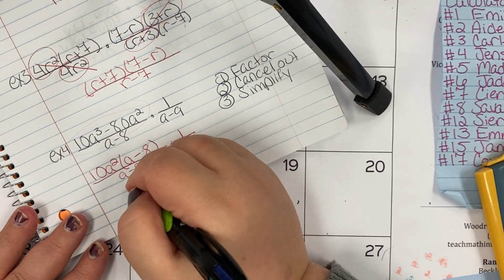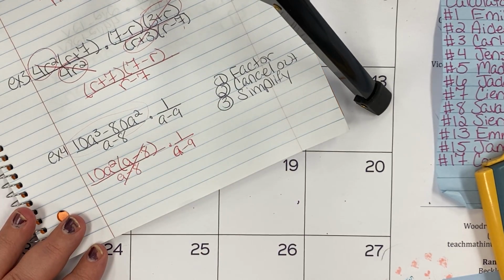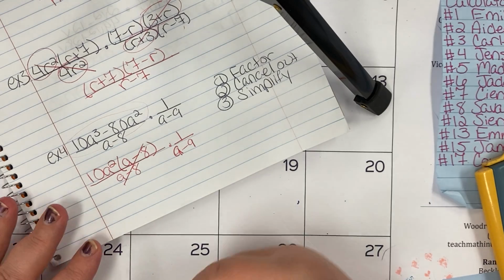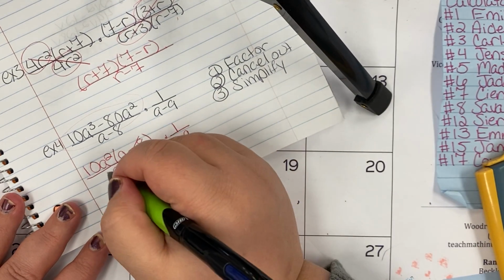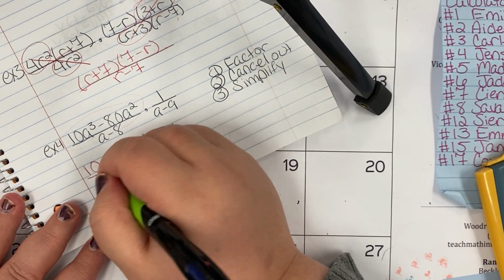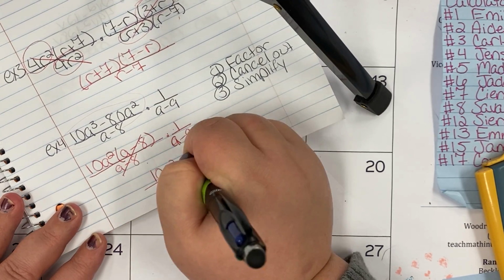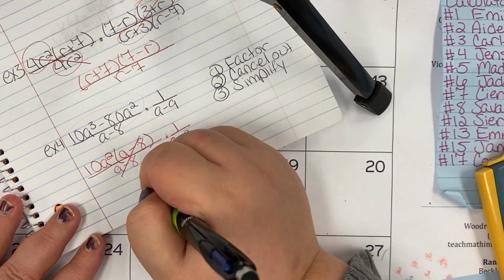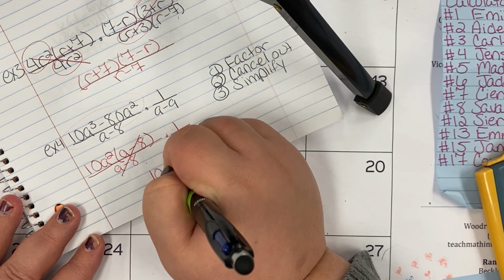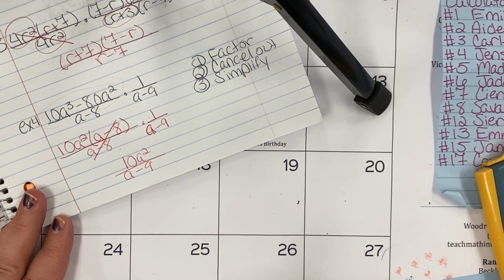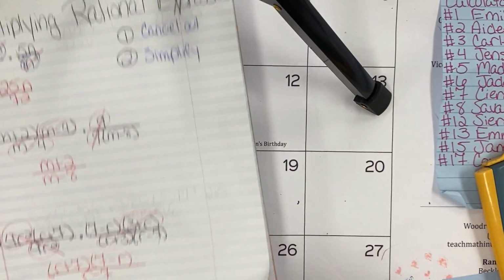So a minus 8 and a minus 8 can now cancel out. We made something cancel out. Multiplying across, 10a squared times 1 is 10a squared. On the bottom, we have a minus 9. And that is as simple as that becomes.